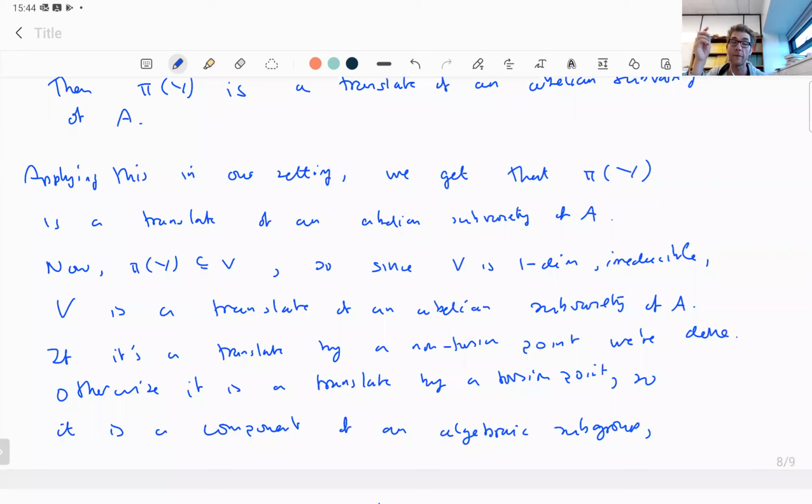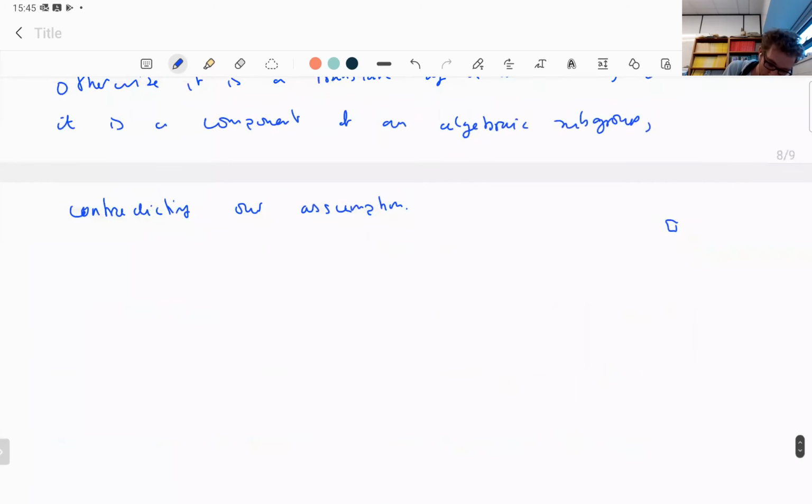You have the same thing if you look at, say, C star to the n. Here, special points would be torsion points, so points all of whose coordinates are roots of unity.